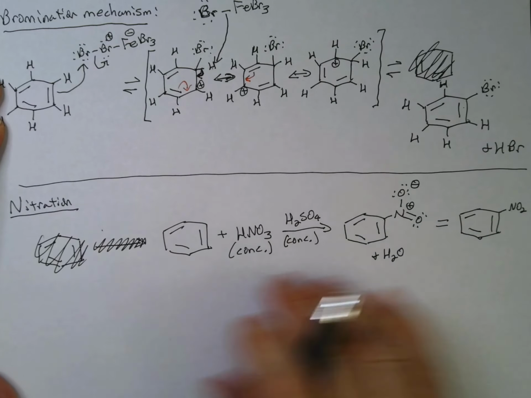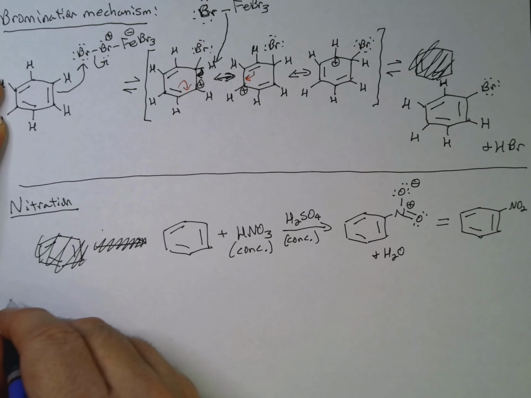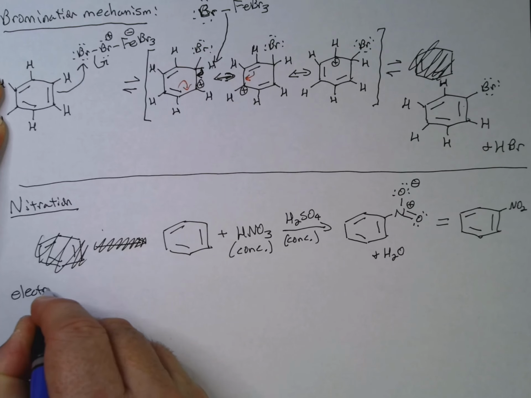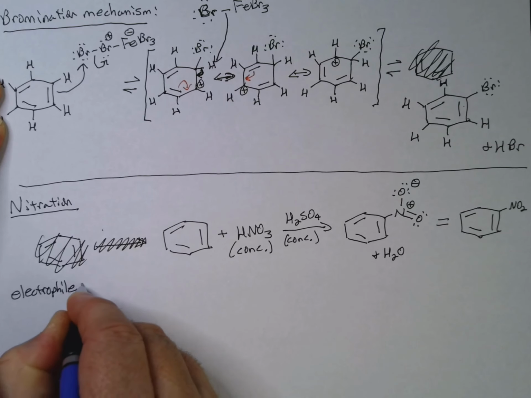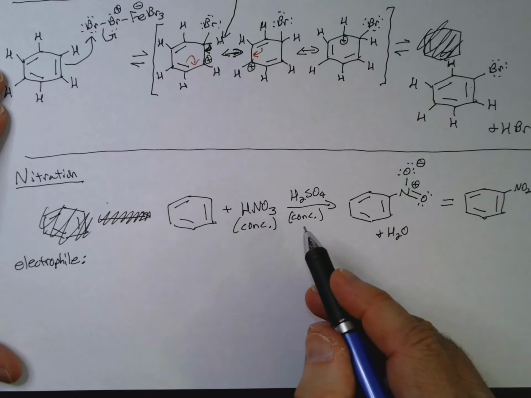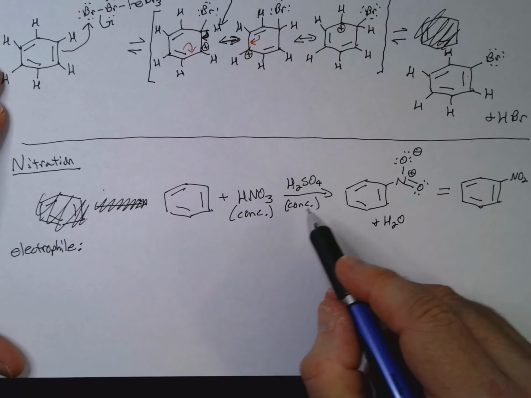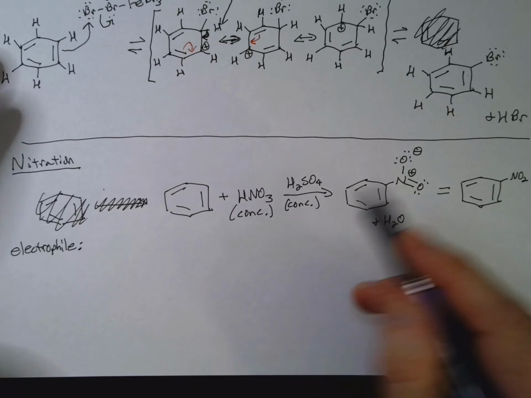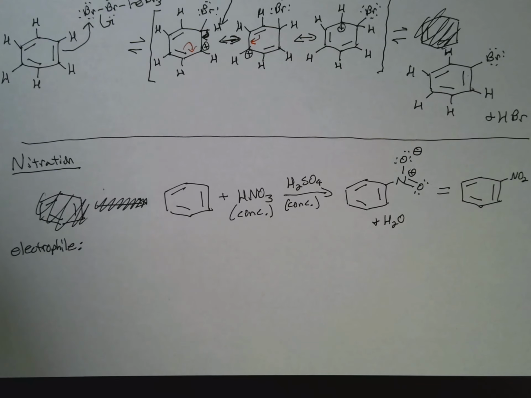Now, how is this electrophile made? Well, the key here is that we have concentrated nitric acid and concentrated sulfuric acid. Although these are both considered strong acids from Chem 1A and Chem 1B, it turns out that sulfuric acid is actually a stronger acid than nitric acid.